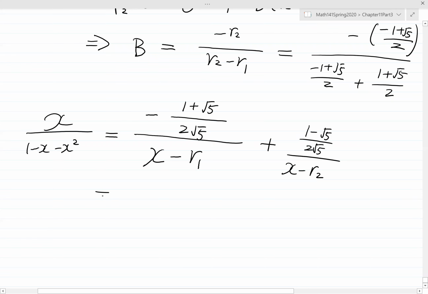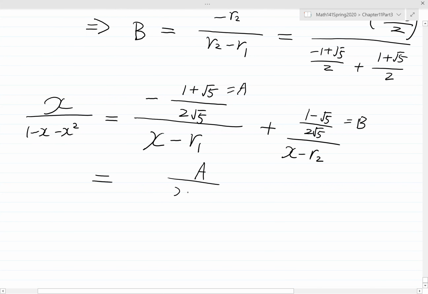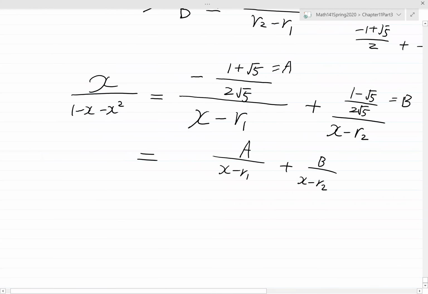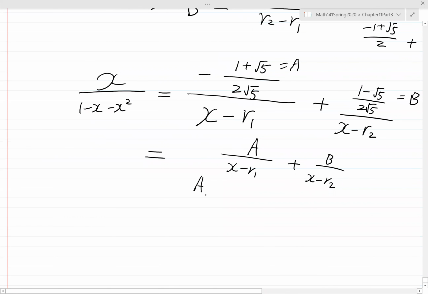So this thing is a, this thing is b. First, what do we do? We do it this way: a over x minus r1 plus b over x minus r2. So we divide by, so it's a over r1 times negative (1 minus x over r1), plus b over r2 times negative (1 minus x over r2).